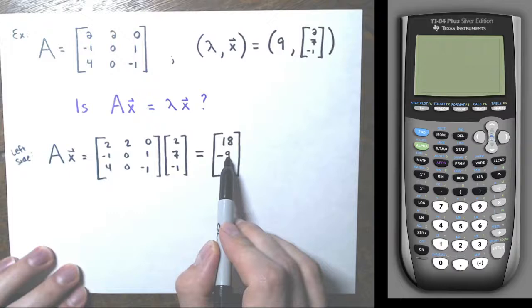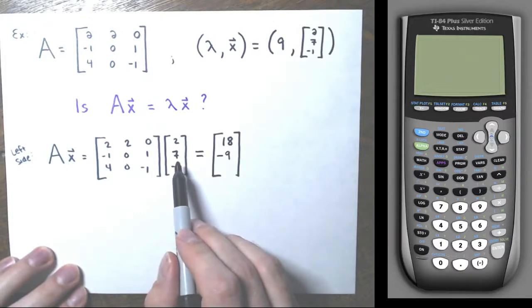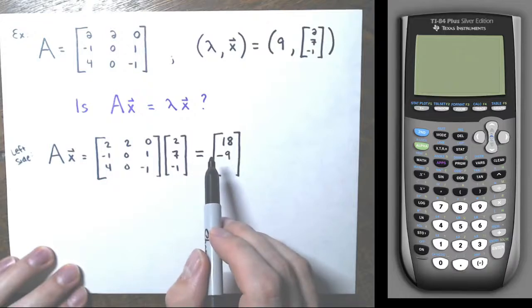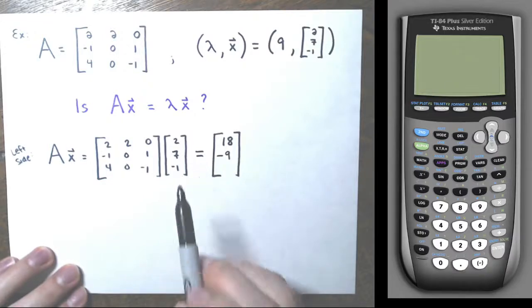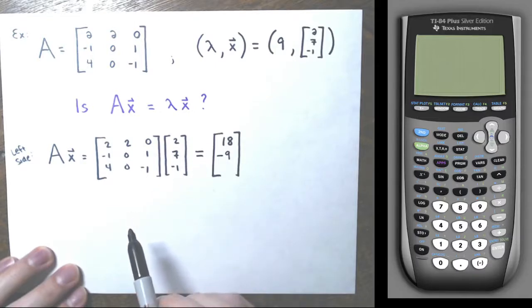This is not 63. And remember, in order for a vector to be an eigenvector, the output needs to be a scalar multiple of that input vector. So I'm already not seeing that here.